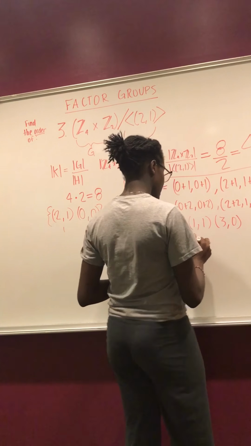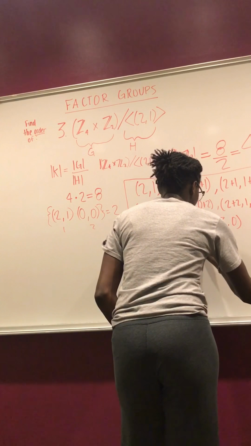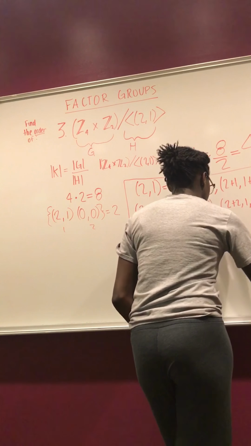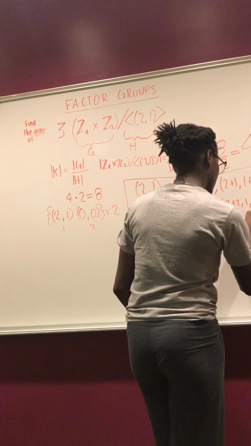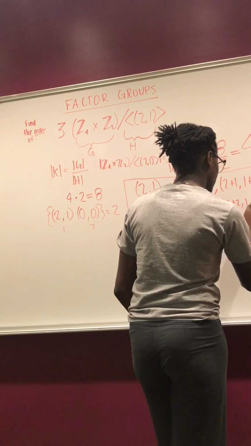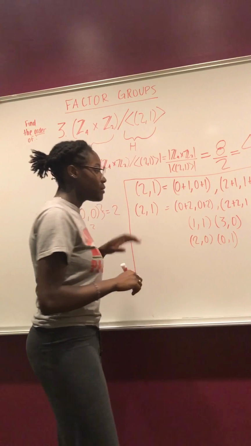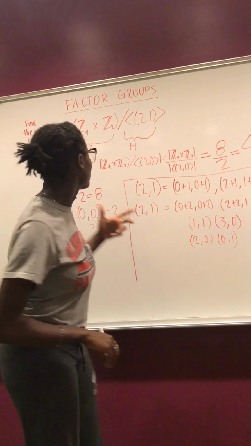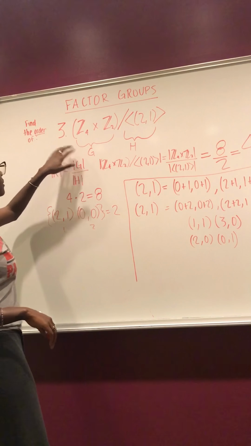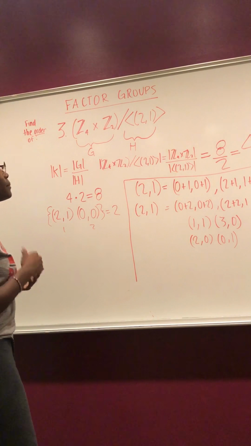So there's that. Then we'll have 2, 0 for the same reason. And then finally 0, 1. So these are the elements of our factor group for this problem, Z4 across Z2 mod the cyclic group generated by 2.